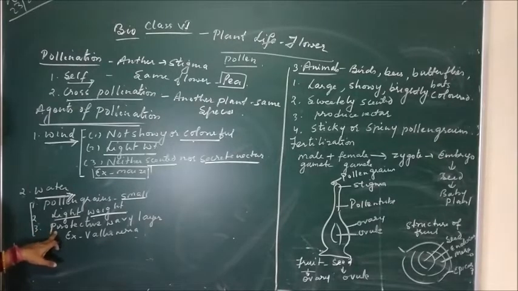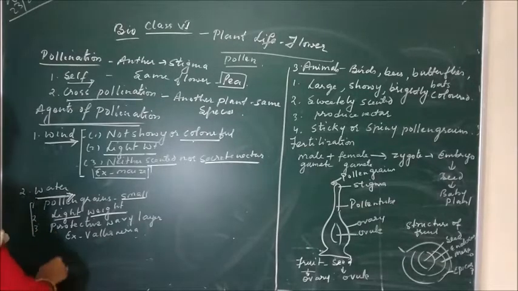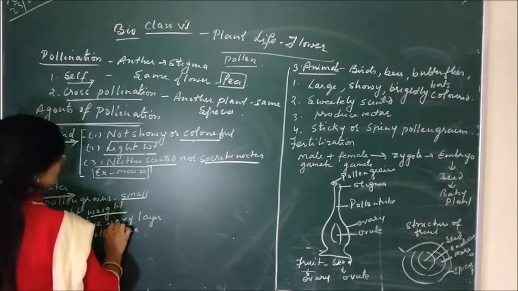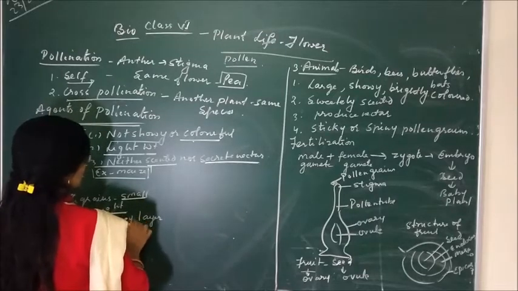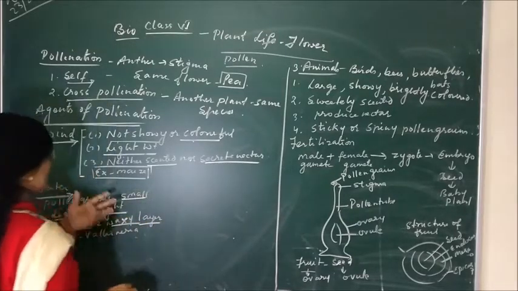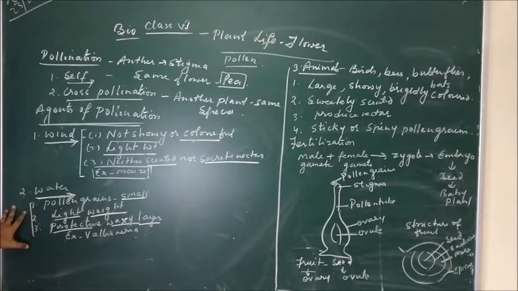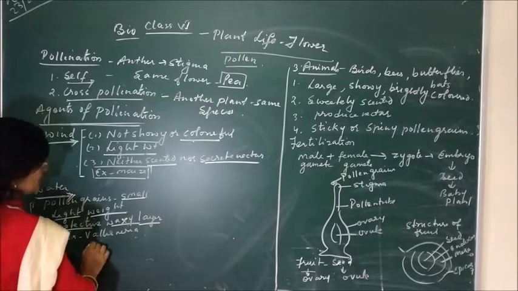Because they mostly live in water bodies, their body should have a protective waxy layer so that it does not absorb the water. Water can flow easily off the body of the flower. These properties we can see in pollen grains pollinated by water, for example Vallisneria.